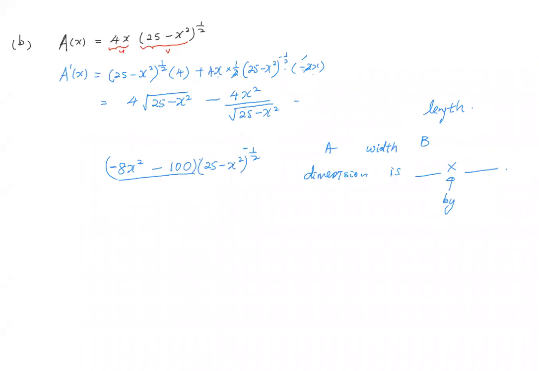If you don't want to simplify it, also can. If you simplify it, you should get roughly like that. So now I don't have to simplify it because that is not my final answer. So now I got my A prime x. What is my next step?